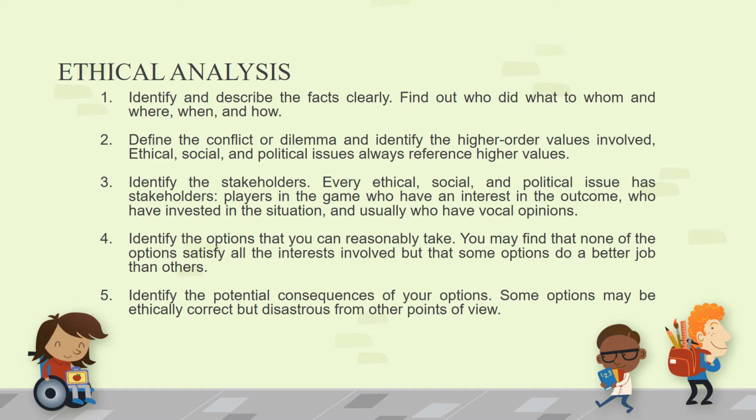Second, define the conflict or dilemma and identify the higher-order values involved. Ethical, social, and political issues always reference higher values. The parties to a dispute all claim to be pursuing higher values, for example freedom, privacy, protection of property, and the free enterprise system.